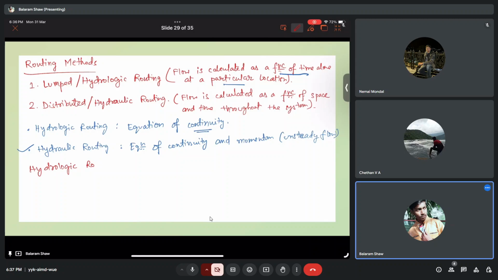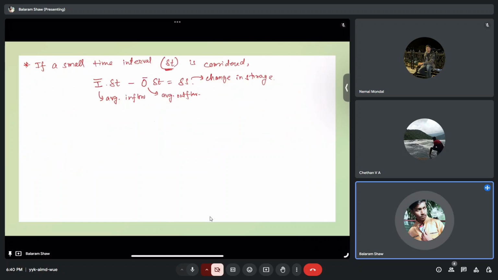Okay, and del t, I said, is a very small time interval. And del S is the change in storage. Again, in the form of finite difference, it will be this equation. See, this is the average inflow, right?